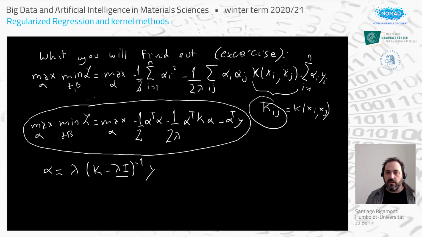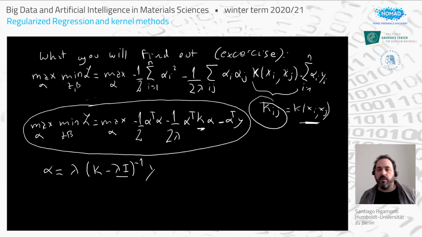Because both the optimization problem and the predictions make use only of kernel functions, you do not need to actually know the whole set of features of your input variables, just the scalar product between them.